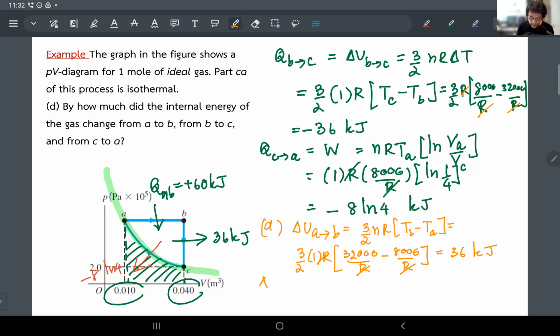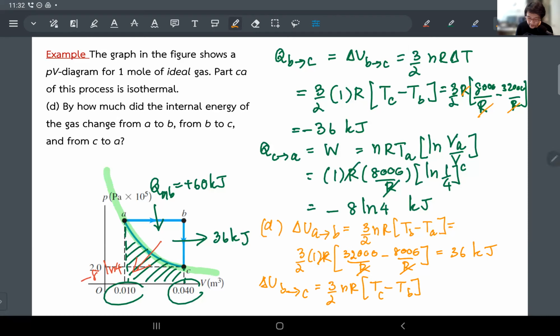And delta U from B to C is going to be 3/2 NR T final, T at C, minus T initial, T at B. And it seems like it is going backward.